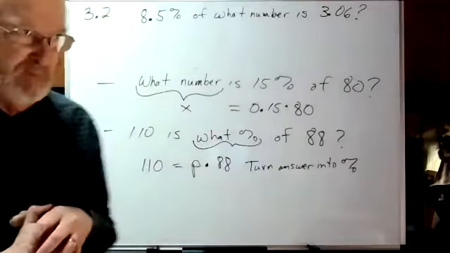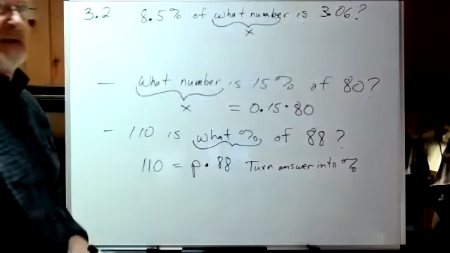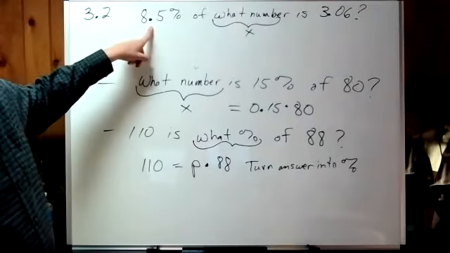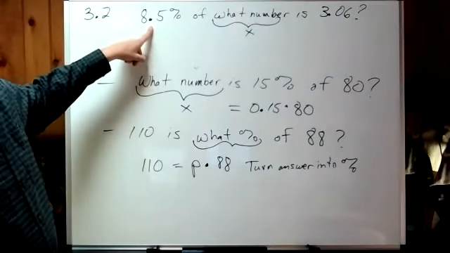8.5% of what number is, there's our equal sign, 3.06. 8.5%, turn it into a decimal, 2 places. Here's one of those where I need the extra 0 placeholder. 0.085 times our unknown.